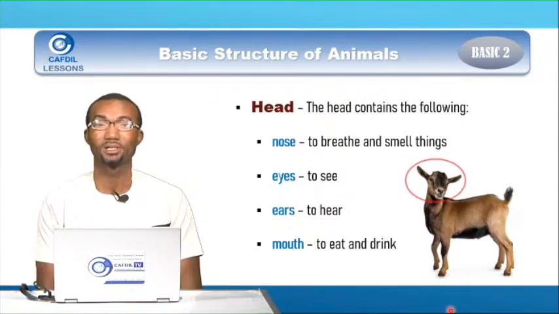And that makes the head very important to the animal. So the head contains the following: nose, eyes, ears, and then mouth. And the nose is used to breathe and smell things, the eyes to see, the ears to hear, and the mouth to eat and drink. And they also use it to make sounds.